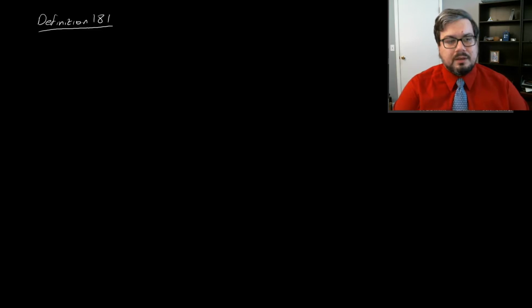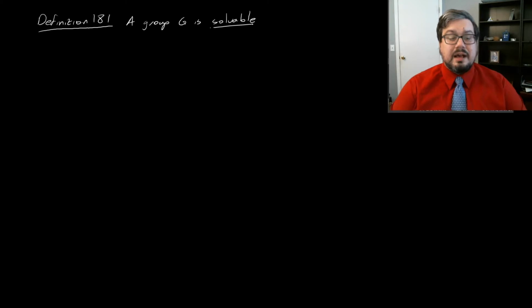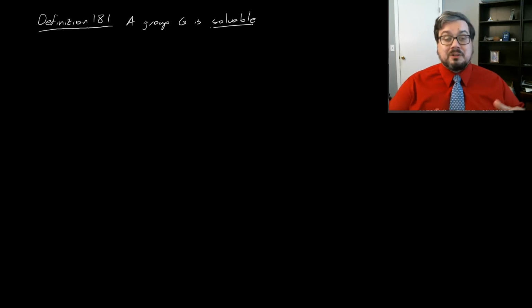So we're going to give the definition of this group property, a few examples, and then show the implication that we need. So definition 181, a group G is called solvable. This term comes back to exactly what we're going to be talking about, that the Galois group is going to be solvable exactly when polynomials are solvable by radicals.